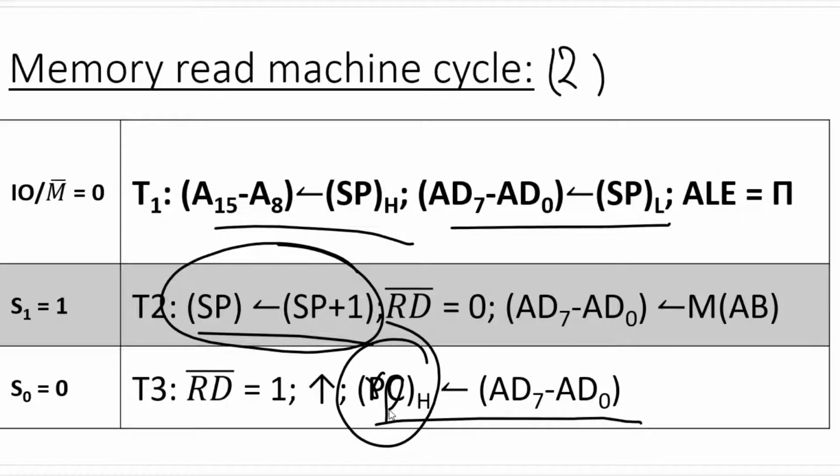So this will be the micro RTL of this instruction. You have the opcode fetch machine cycle and 2 memory read machine cycles. In the first memory read machine cycle, the least significant byte of the data will be retrieved first and stored in the least significant byte of RP.